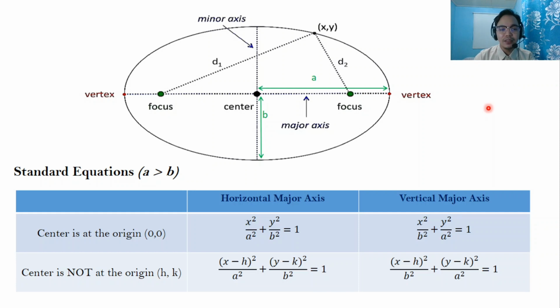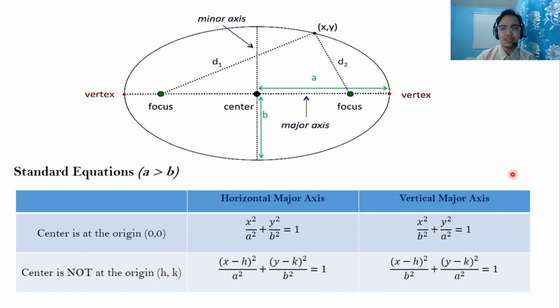Now, if the center is at the origin, we will have this equation: x squared over a squared plus y squared over b squared equals 1, if the major axis is horizontal. If the major axis is vertical, this will be our standard equation: x squared over b squared plus y squared over a squared equals 1.